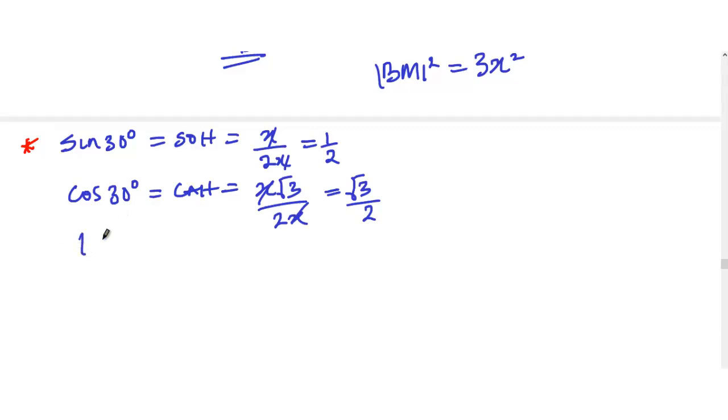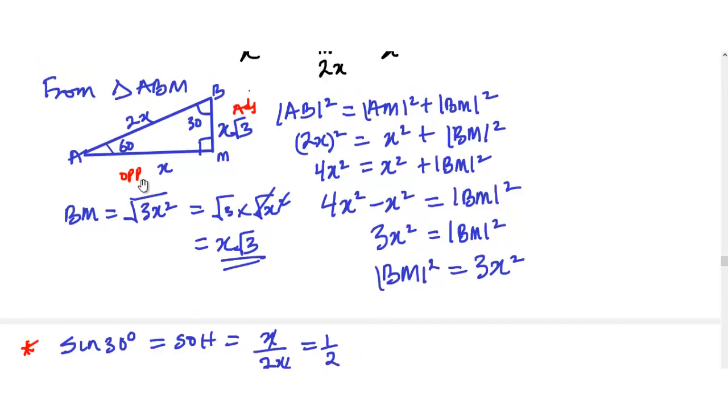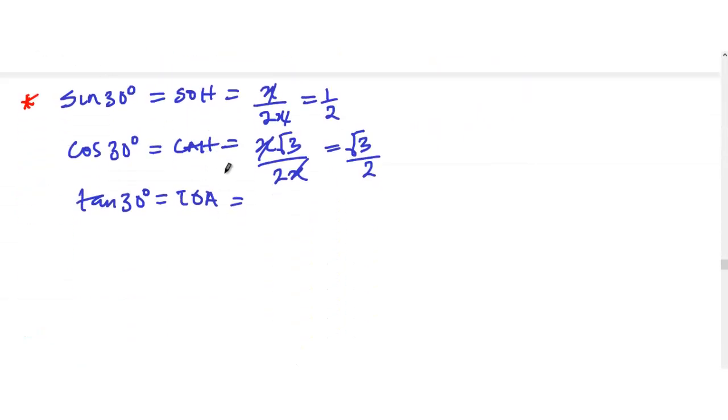Then the next one is tan 30 degree. What is tan 30 degree? That is TOA, so TOA in this case is opposite over adjacent. Opposite in this case is x, then adjacent is x root 3. So that will be x over x root 3. This one cancels this out, and we have 1 over root 3.